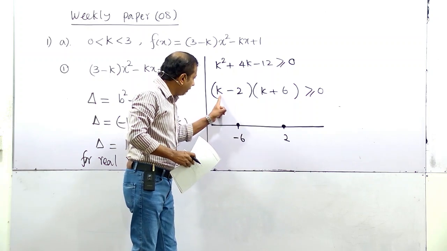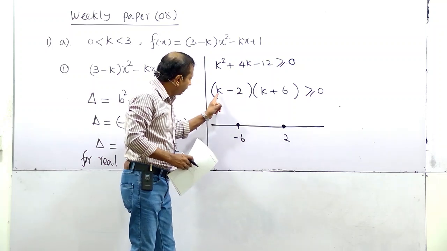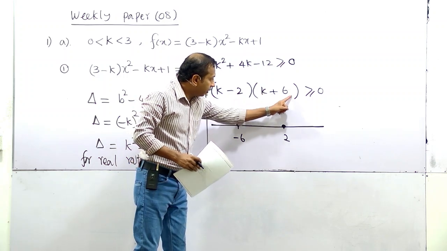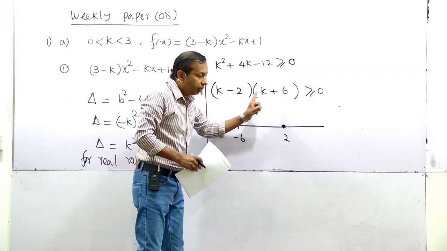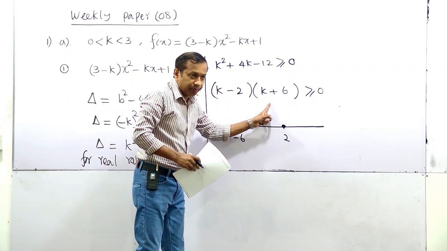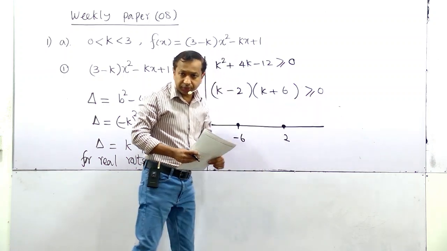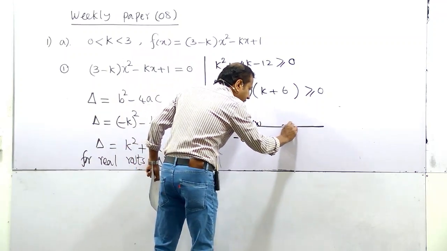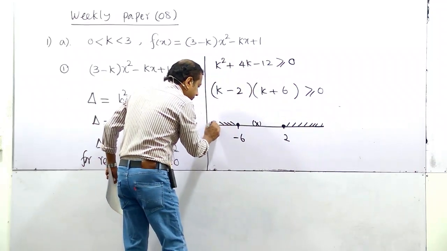We substitute k equals 0 here. This bracket is minus 2 and this bracket is 6, so minus 2 into 6 gives minus 12 on the left-hand side. Minus 12 greater than or equal to 0 is false. Therefore, this interval does not satisfy. Therefore, this interval and this interval satisfy.